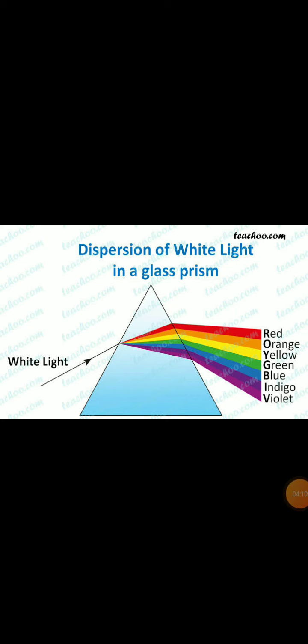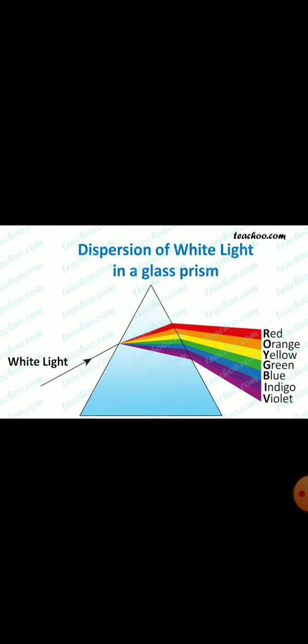So here we can conclude what is actually happening for dispersion. When white light is incident on the surface of a prism, all the different colors have different angles with the incident ray. If we consider red and violet, red light bends the minimum and violet light bends the maximum.